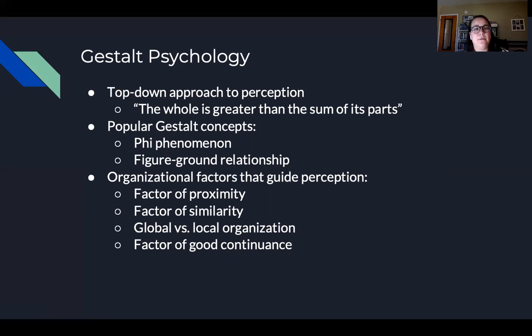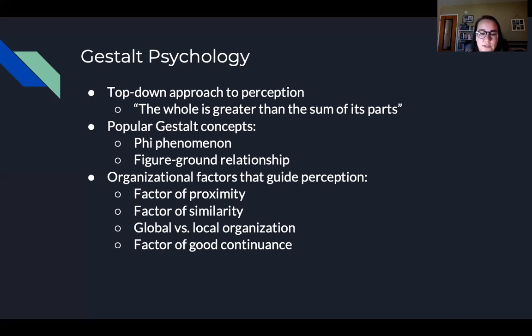In opposition to this, we have the field of Gestalt psychology. Gestalt psychology embodies what is called a top-down understanding of perception. If you've ever heard the phrase, the whole is greater than the sum of its parts, this really illustrates the Gestalt position well.